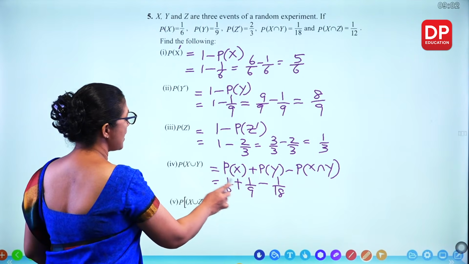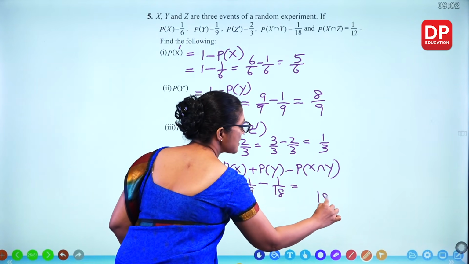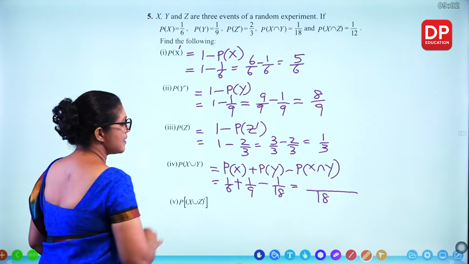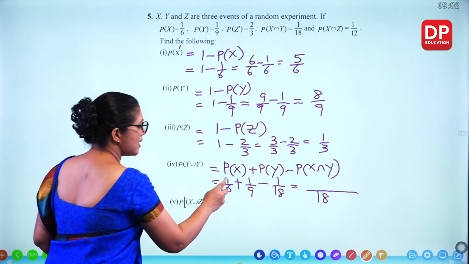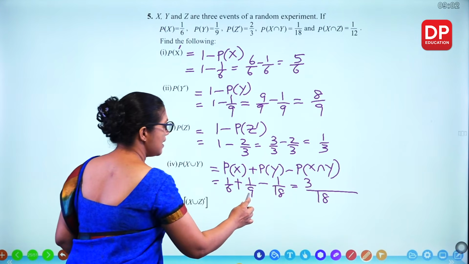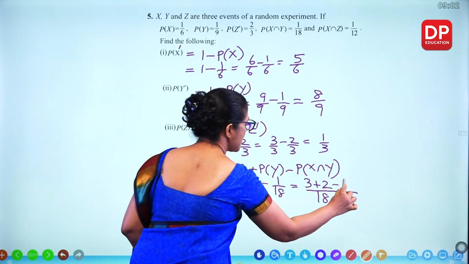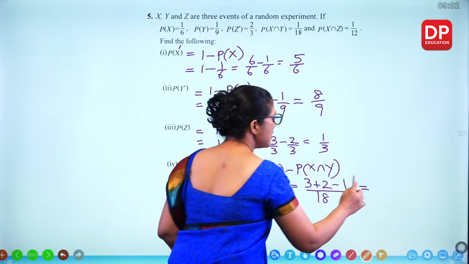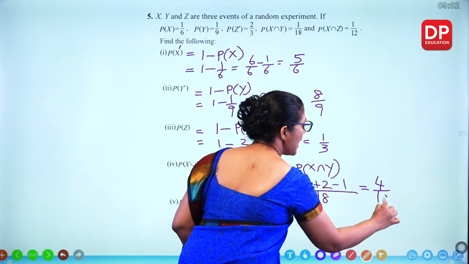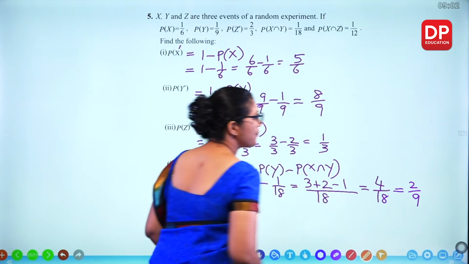So when you look at this one, what's the common denominator? That's 18. 6, 9, 18. The common denominator is 18. Multiply by 3, you get 3 here. Multiply by 2, this one, you get 2 minus 1. 3 plus 2, 5. 5 minus 1, 4. 4 over 18. When you simplify, you get 2 over 9.